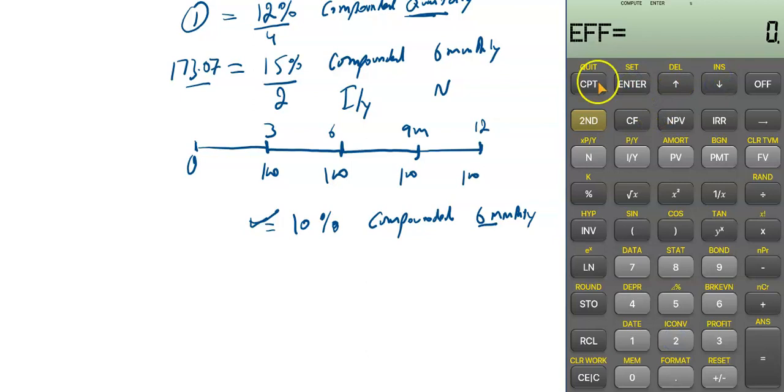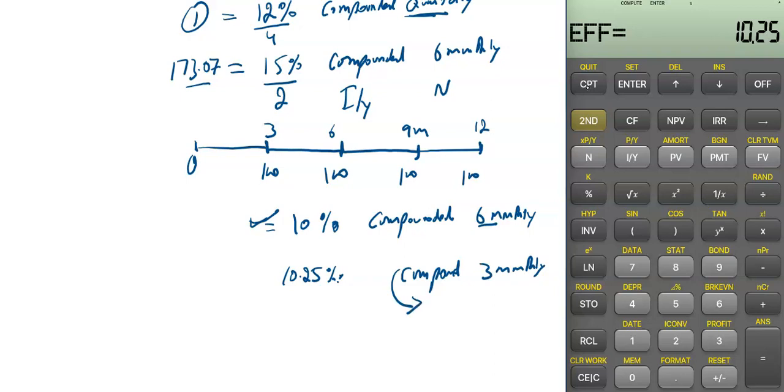Calculate the effective annual rate. So the effective annual rate is 10.25%. What is the effective annual rate? The effective annual rate is that rate which is compounded once in a year. But you need that rate which is compounded quarterly in a year, so 3 monthly.